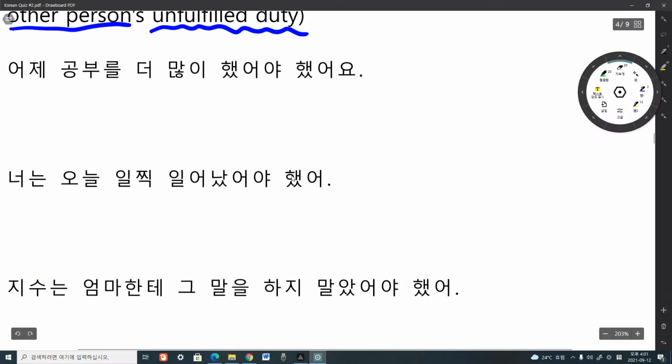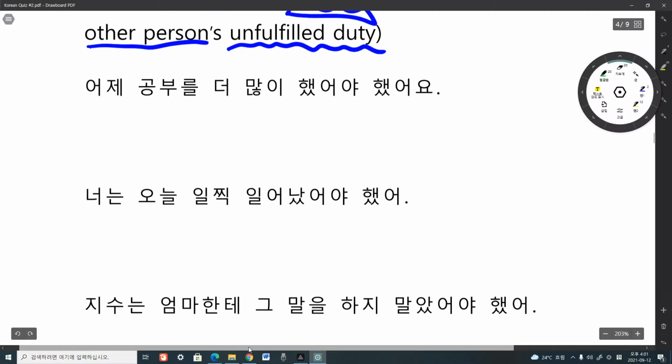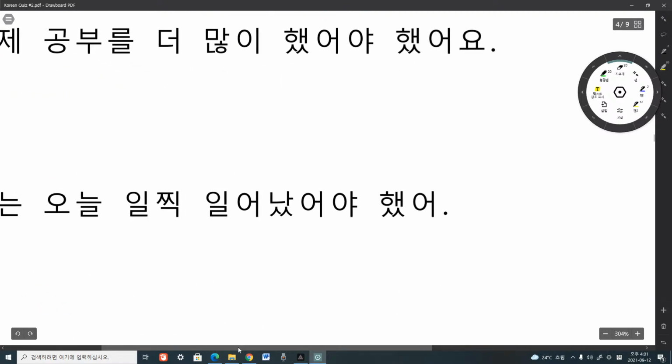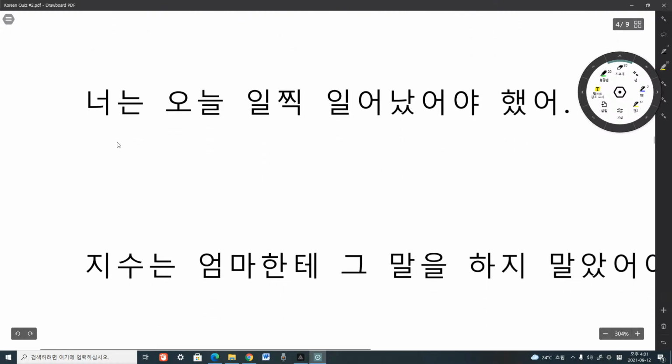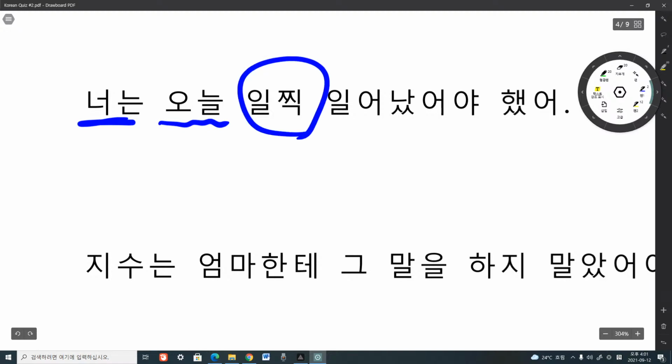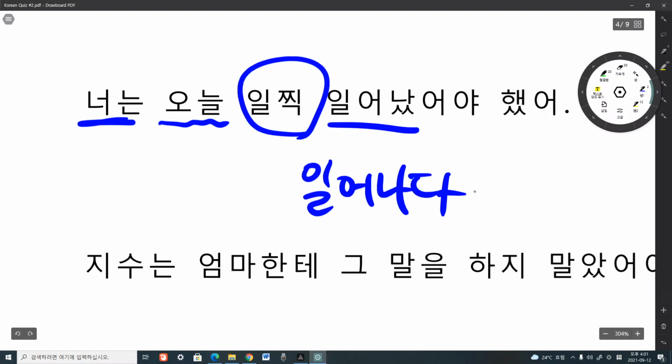So 어제 공부를 더 많이 했어야 했어요 is talking about your own unfulfilled duty or what you should have done. And 너는 오늘 일찍 일어났어야 했어. 너, you, today, early, 일어나다, conjugated in past tense. 일어났어야 했어.